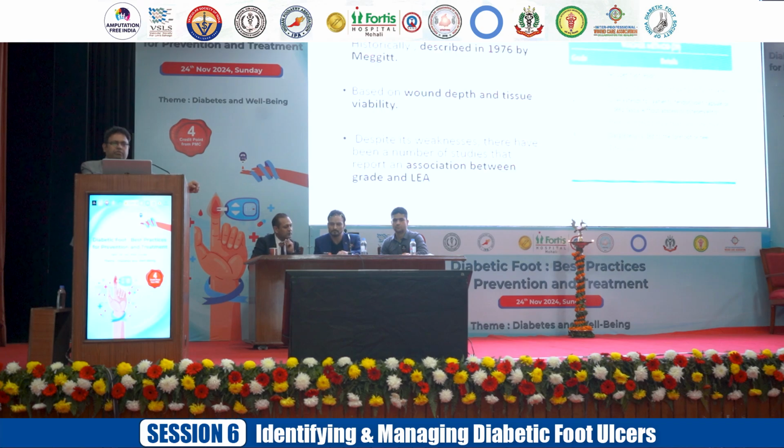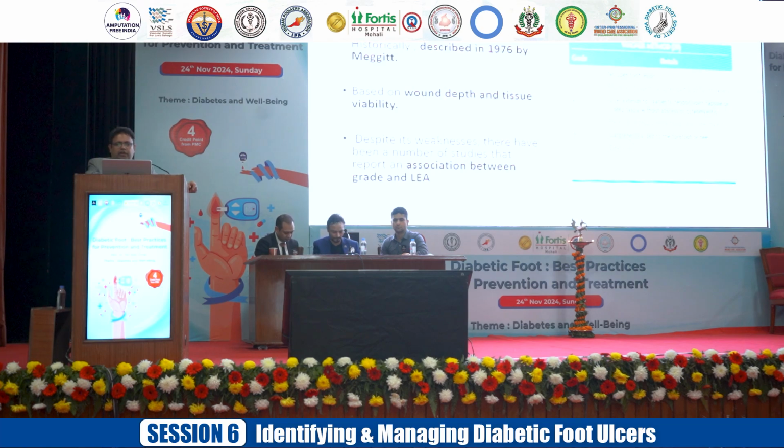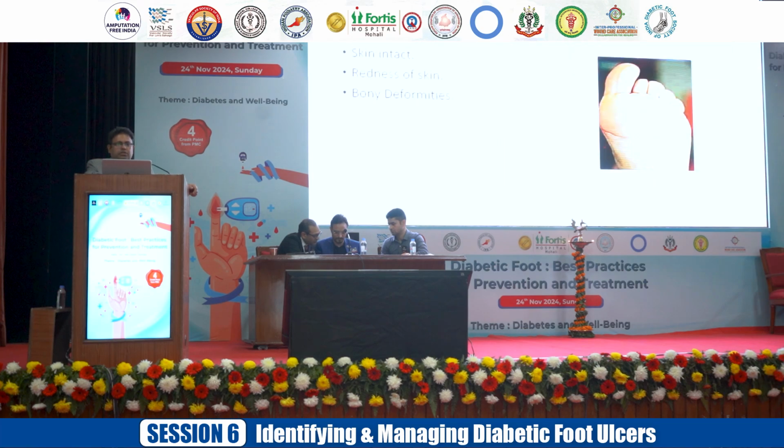Meggitt-Wagner has been the most used historically. It uses wound depth as the measure, and despite its weaknesses, it has been used in a number of studies to see the association between grades and extremity amputations.